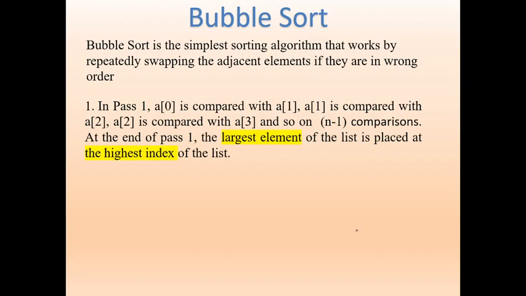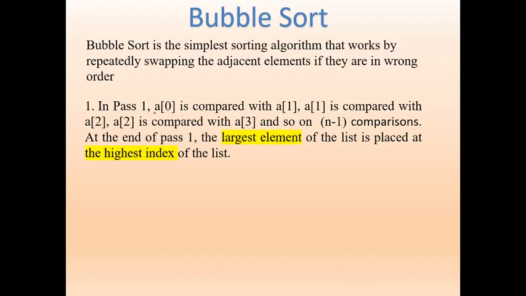Like that. If you have 5 elements, then how many positions do you need to fix? Exactly 4 only. Out of 5 elements, if 4 are in the correct position, automatically the fifth one will be in the correct position.